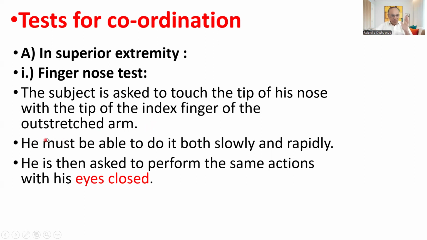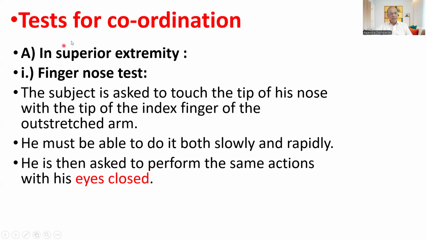The volunteer must be able to do it both slowly and rapidly. This is a small demonstration of slow, and this is fast. Then the patient is asked first with open eyes and then the same action with the eyes closed.